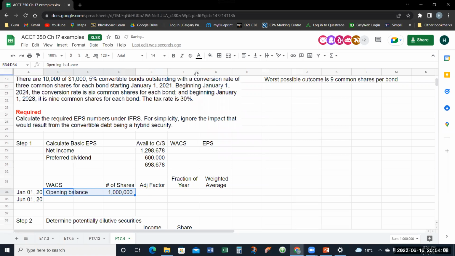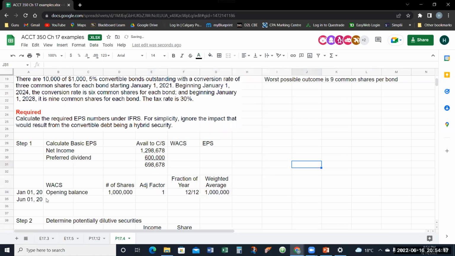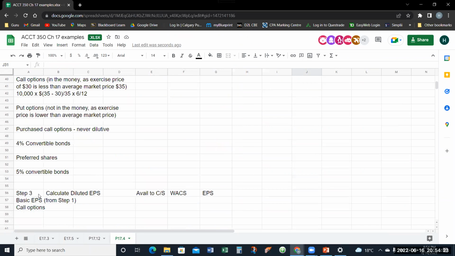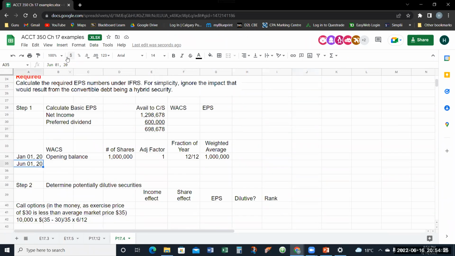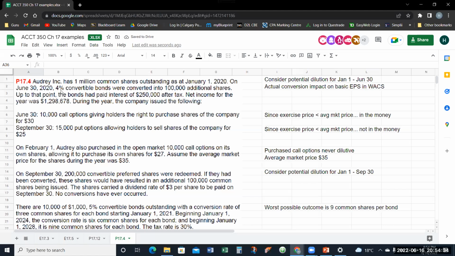There's no stock dividend or stock split, so the adjustment factor is 1, and the fraction of the year is 12/12. And then June 30th, sorry, my bad, June 30th is when convertible bonds were converted into 100,000 additional shares.